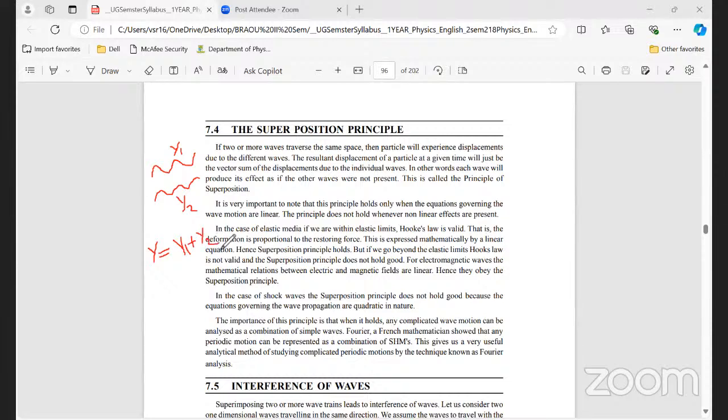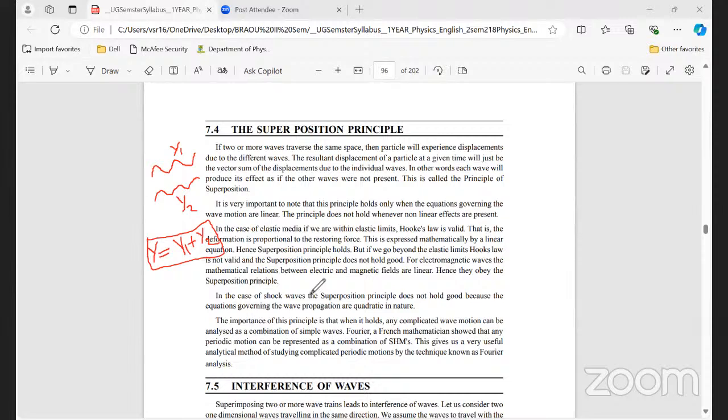So in optics, what do you mean by optics? It is a branch of physics where we use light and lenses. So you can observe the phenomena of diffraction, interference, and polarization, which come under this.